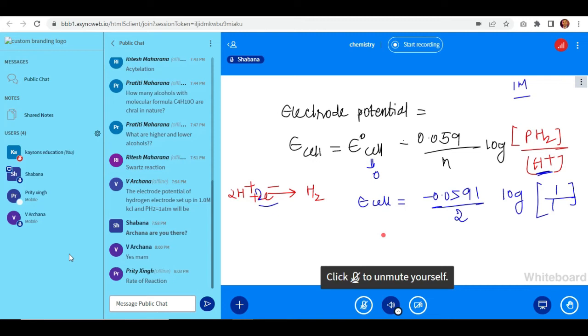So log 1 is 0. So what's the answer? Is it 0? No, ma'am. Log 1 is equal to 0. There must be some value here. At least they must have given pH 10 or pH 7 something.